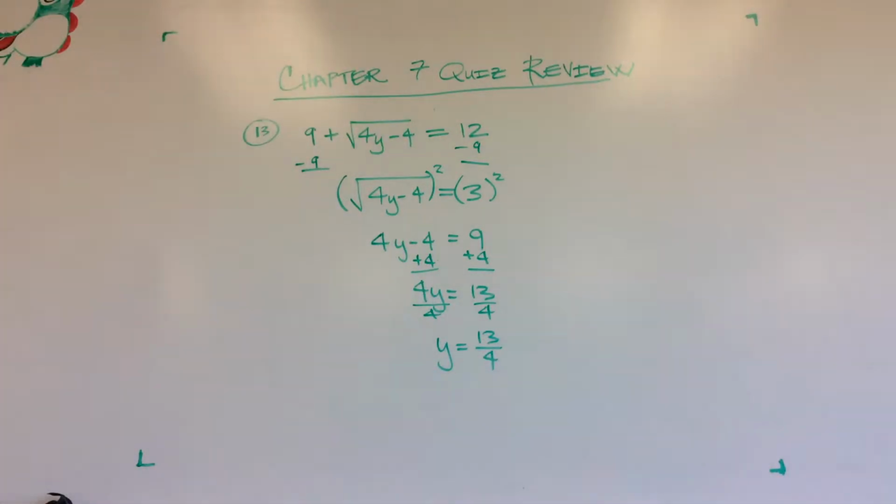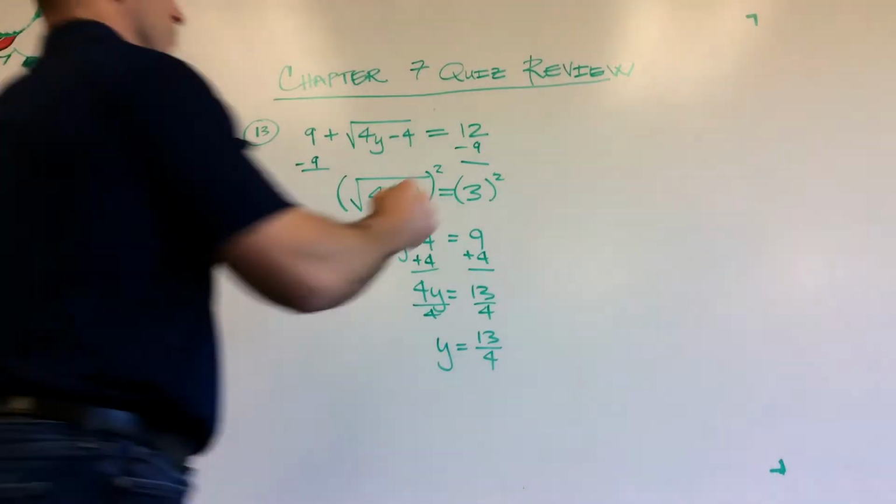But now we'll need to check and make sure that that answer is not extraneous. So we'll take that 13 over 4 and replace it into the original equation.